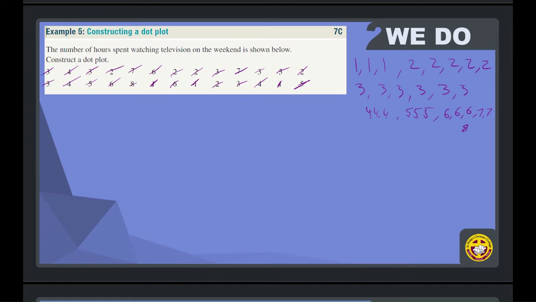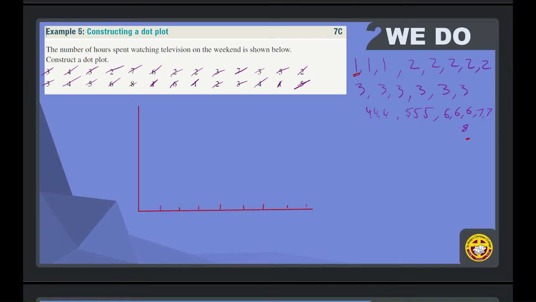Alright, and now we just draw up our axes. Along the bottom, we need scores from 1 to 8, because that's what we have in our data. We start at 1 and we go up to 8.